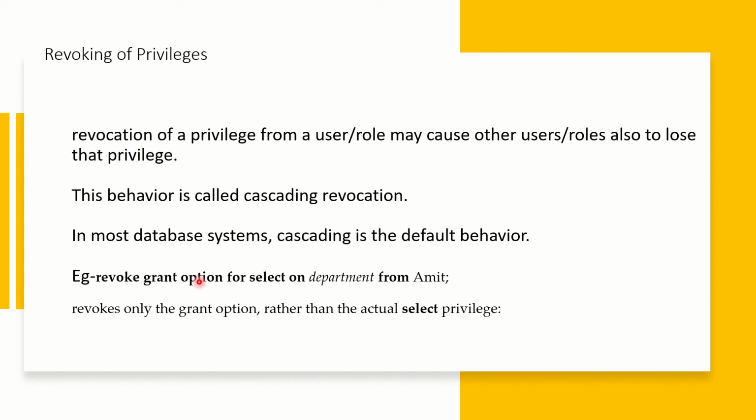For example, revoke grant option for select on department from Amit. That means the grant option for the select privilege on the department table which was given to Amit has been withdrawn by the DBA. Now Amit cannot grant the privilege to another person because that option has been taken away from him.